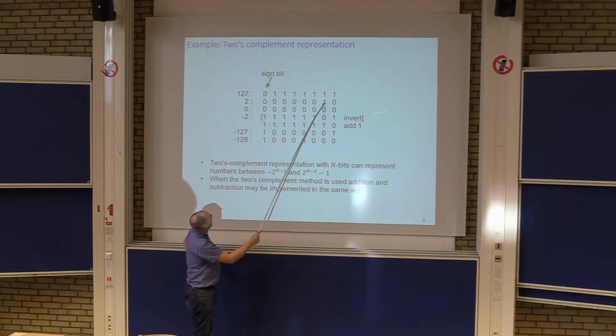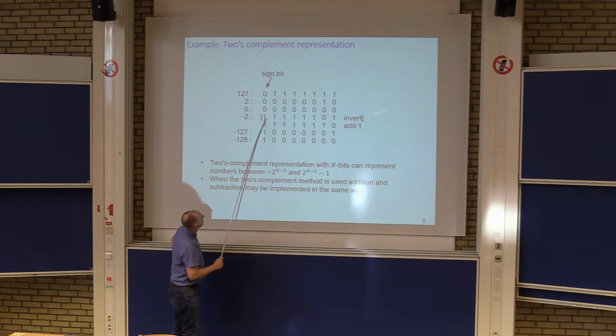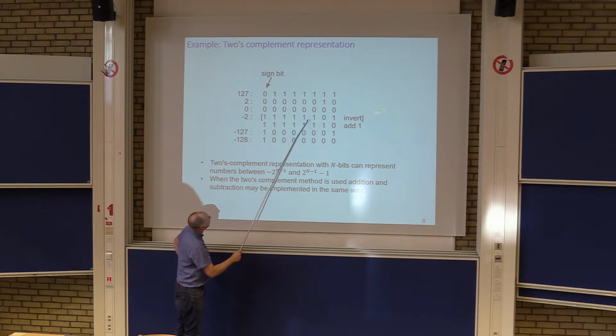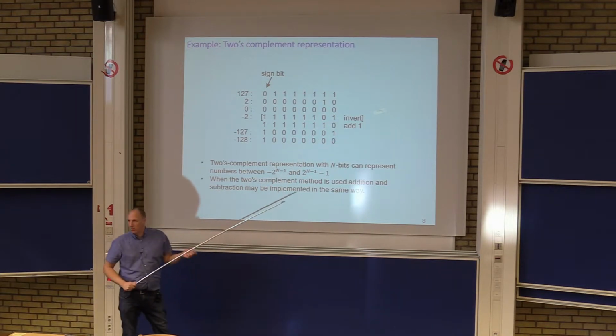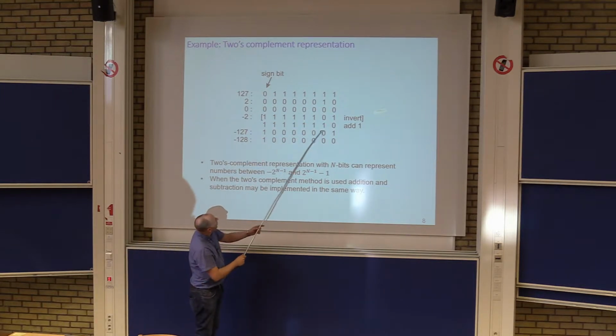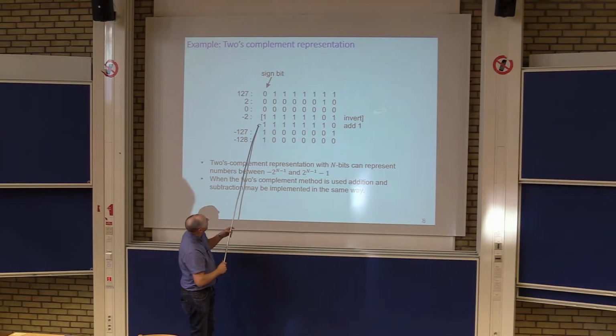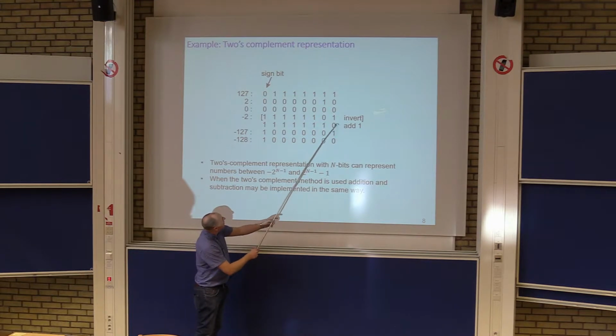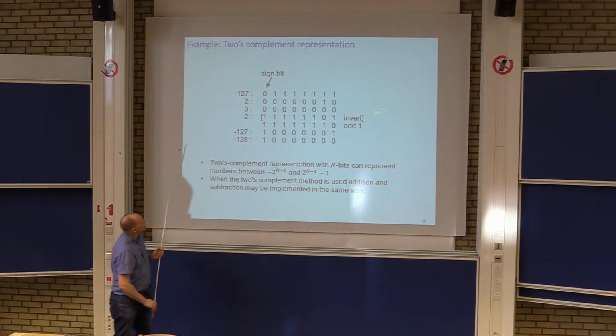And then if you would like to represent -2, what we do is that we invert all the bits first. So we will get 1, 1, 1, 1, 1, 1, 0 instead of a 1 here, and then a 1 here. And then we add 1 to that. So then we get this representation instead.